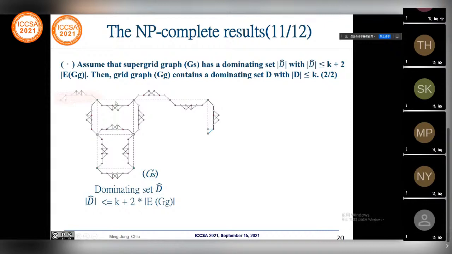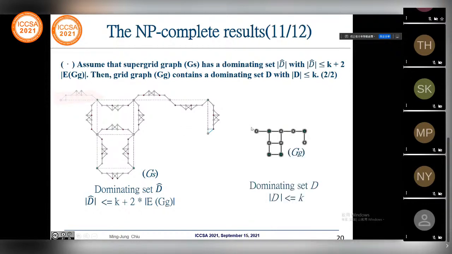We use a straight line to replace each edge of the supergridded graph. Then we will get a big gridded graph. Then we shrink it 7 times. Then we will get a gridded graph with the dominating set D, the size of D equal to or smaller than k.